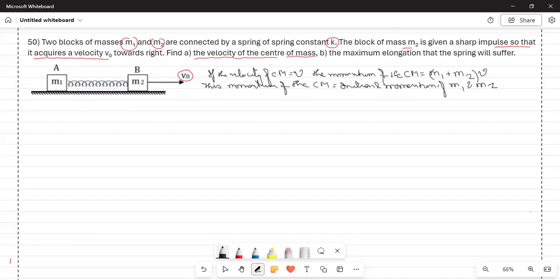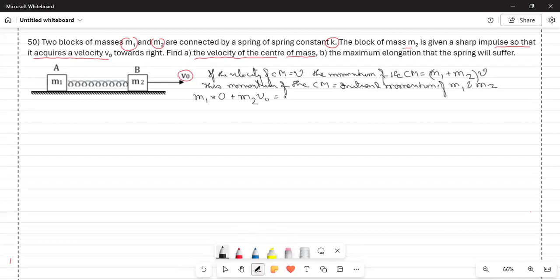Now, the initial momentum of M1 is M1 multiplied by 0, because nothing has been done with M1, plus M2 has been given a velocity of V0.